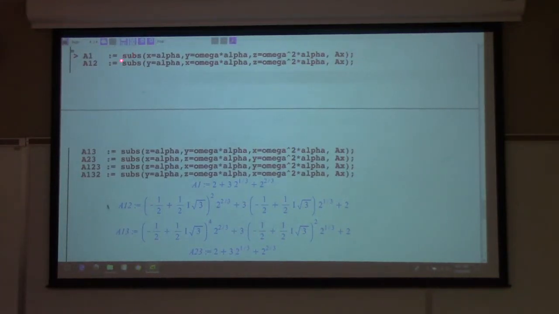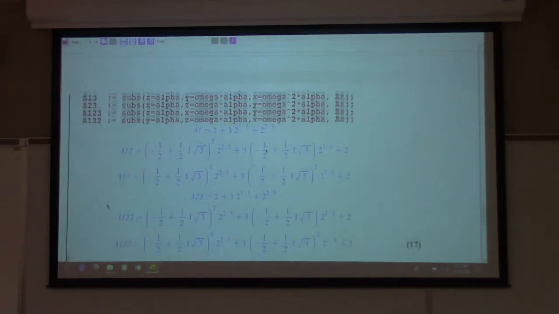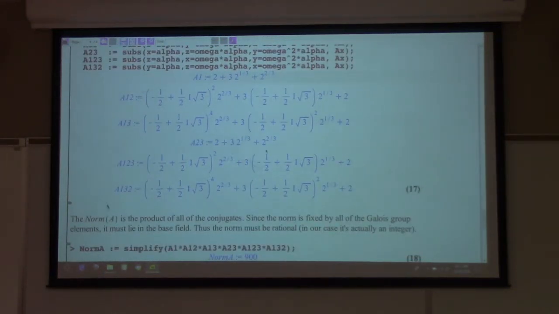Okay, so anyway, here's the actual output. That's what we should be looking at. There are the Galois conjugates of that number A, right? If you multiply all of these together, you have the identity of something, sigma 1 of something, sigma 2, sigma 3, sigma 4, sigma 5, sigma 6 of something.